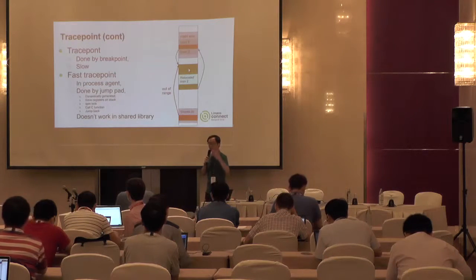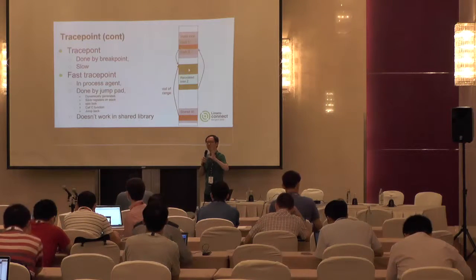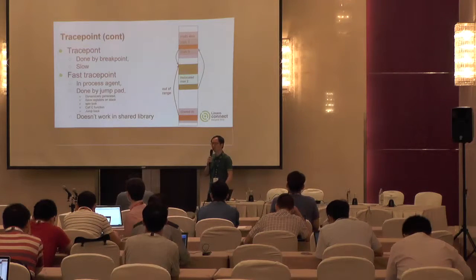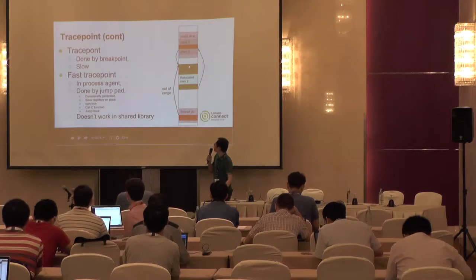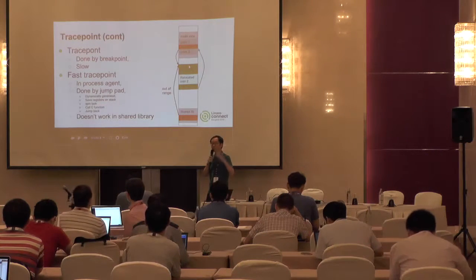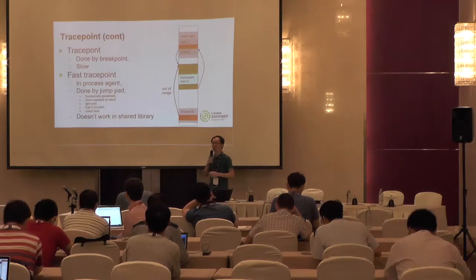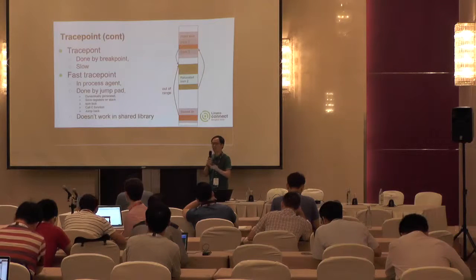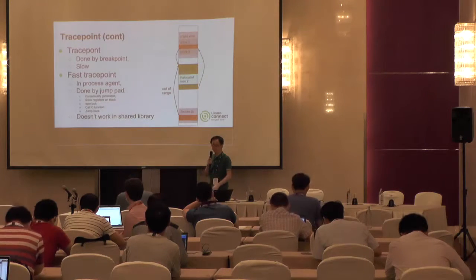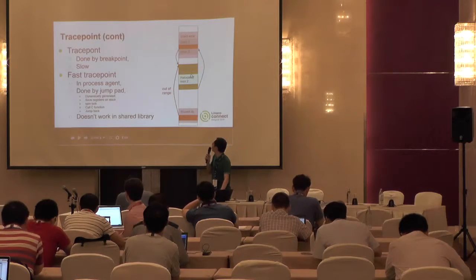The jump pad sets up the stack, saves all registers, and jumps to some C program. In the C program, we do all the things defined by that trace point. Say the trace point wants to collect some memory or some registers, we can do that here.